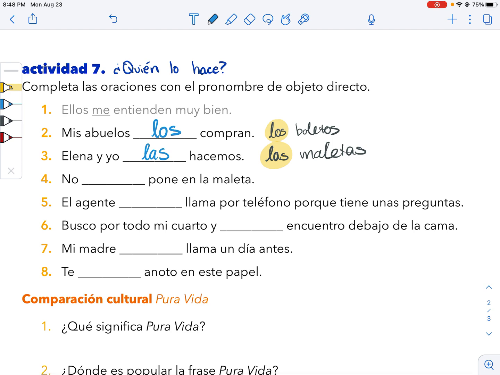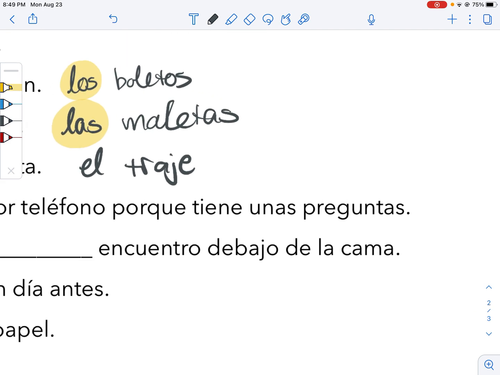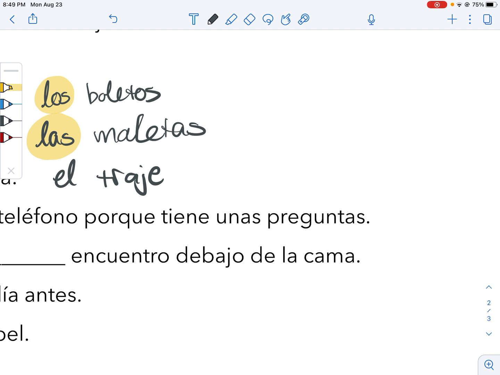Número 4. Where is the sentence? Elena tiene el traje de baño en su mochila. No pone en la maleta. Ooh, guys, this is a really tricky question because it could go either way, right? Elena tiene el traje de baño. Are we talking about her swimsuit? It says, Elena tiene el traje de baño en su mochila. She puts it in her backpack. So are we talking about el traje or are we talking about la mochila?